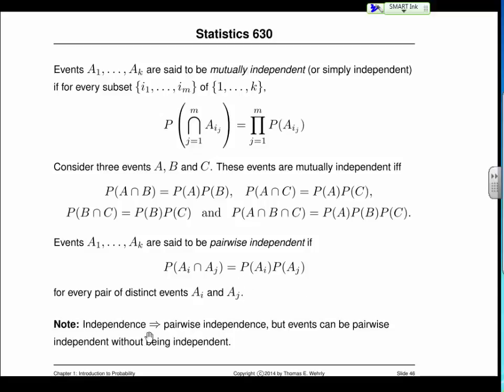So independence implies pairwise independence, but you could have pairwise independence, that is, this is satisfied, but the three-way intersection property is not satisfied. And on your current homework 2, you'll work a problem where that's the case.